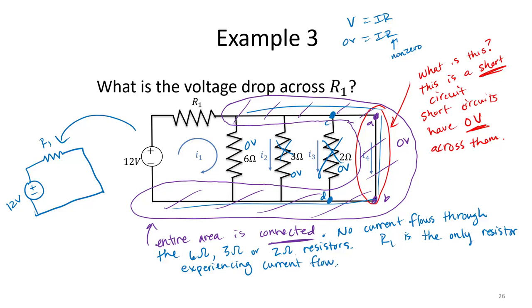All the other resistors have 0 volt voltage drop. So that means that R1 has a 12 volt voltage drop, because all of the voltage source's voltage is going to be dissipated by R1, and the rest of the circuit is connected by that short.